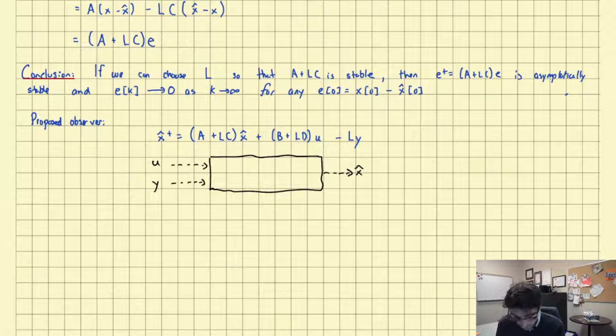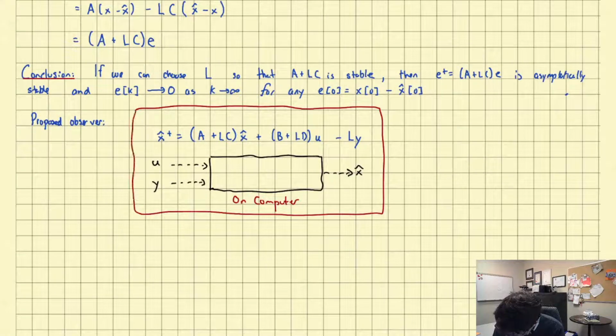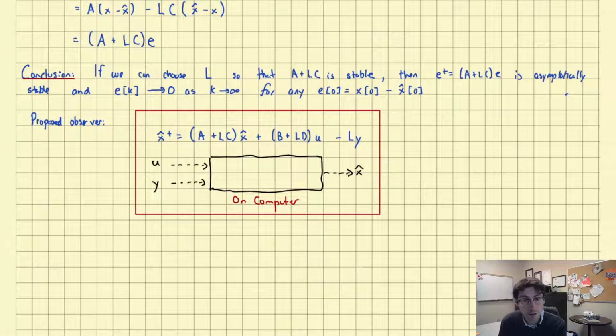Okay, so this is our proposed observer. And again, this runs on the computer. Okay, so again, the problem though, to make this observer work, we need to choose L so that A plus LC is stable. Okay, so again, let's figure out how we do that.